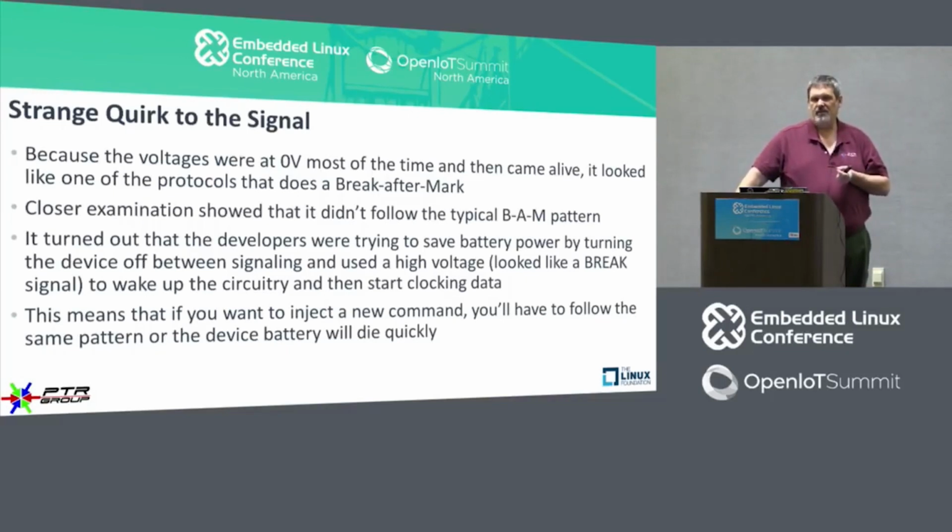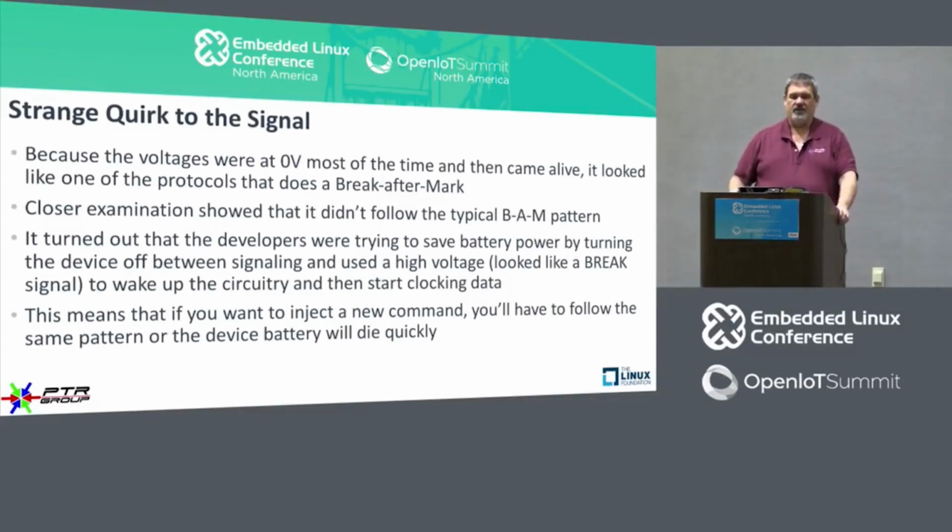So we suspected they were using one of the serial ports for the communications channel, but when you enable serial ports, there's a voltage that's constantly available on either the transmit or receive pin, depending on whether it's connected as DTE or DCE. In taking a look at that, we go, okay, that's really weird, because there's no voltage at all for extended periods of time, and then when we trick it to do something, the voltage suddenly comes on and it starts clocking. We took a closer look at that.